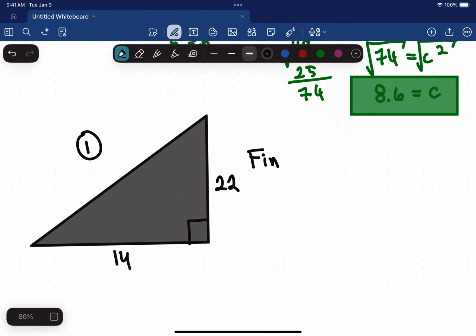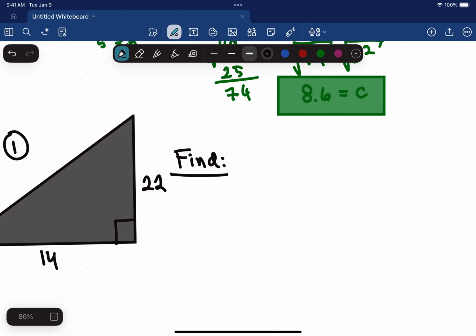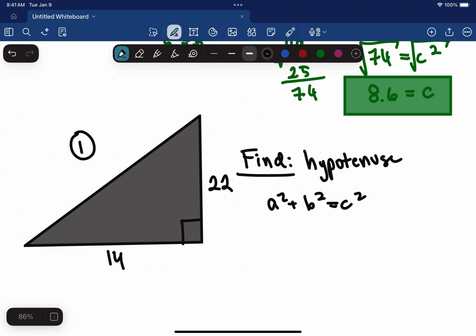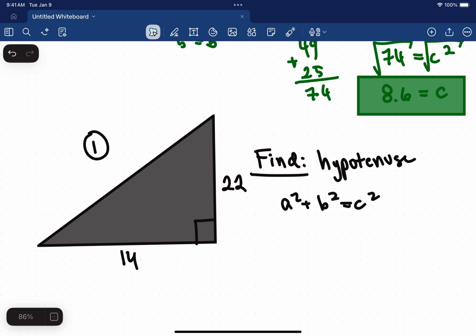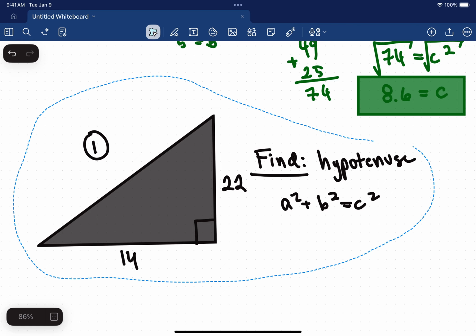Try to find the hypotenuse using the Pythagorean theorem. You can pause this video to do this problem yourself.